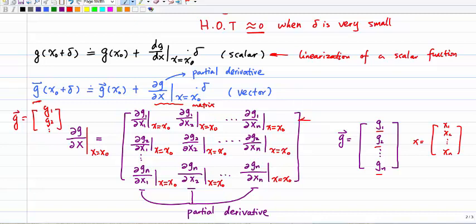This is your first row. The first row is always g1, but you take partial derivatives with respect to x1, x2, until xn, so you have n entries for the first row.